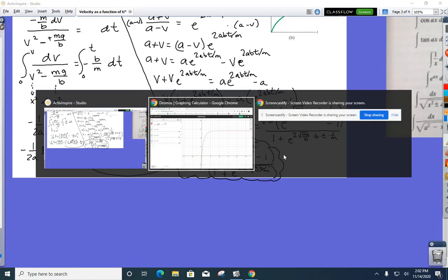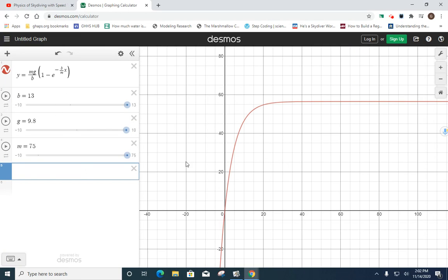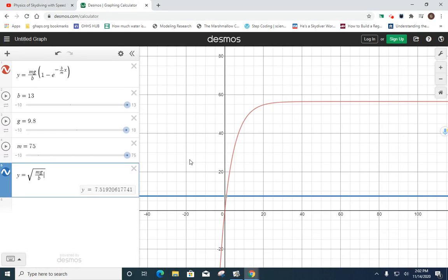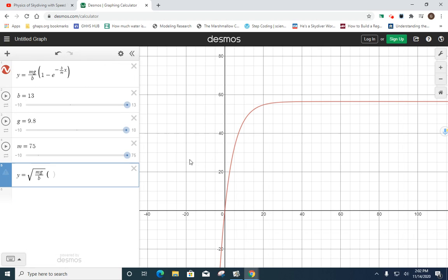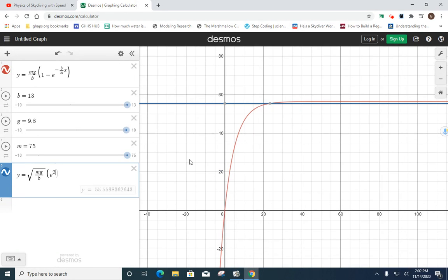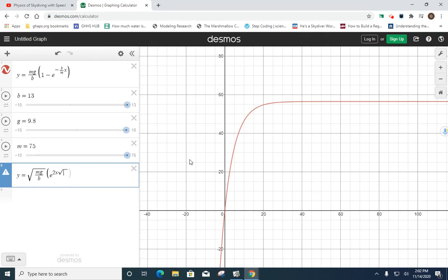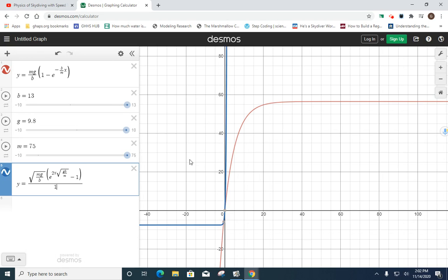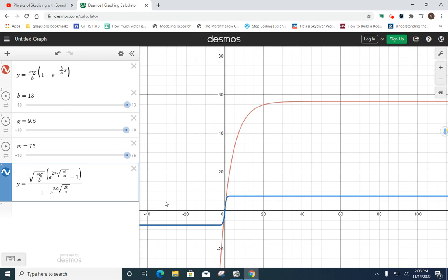So let's go ahead and take that into Desmos, and let's add a new one down here. Okay, so there we go.